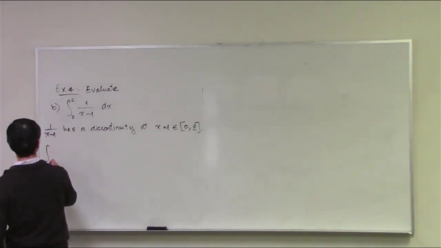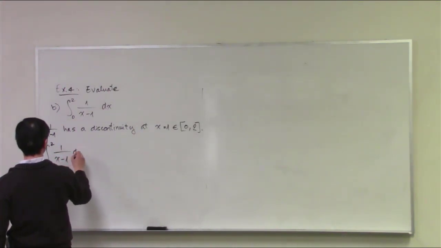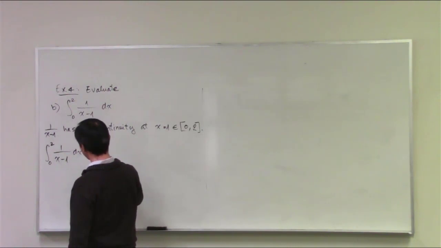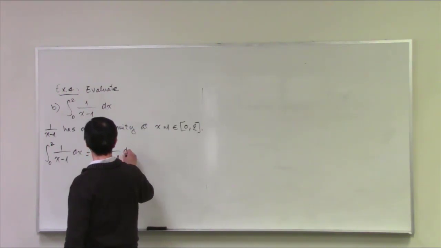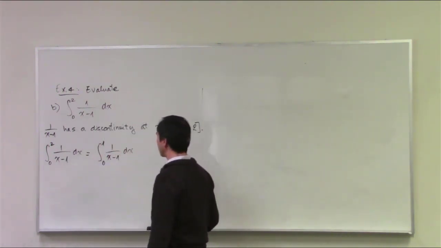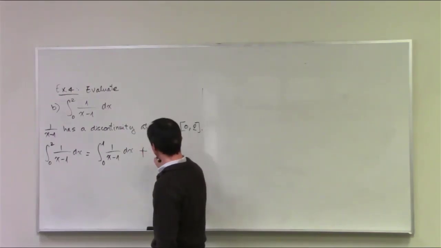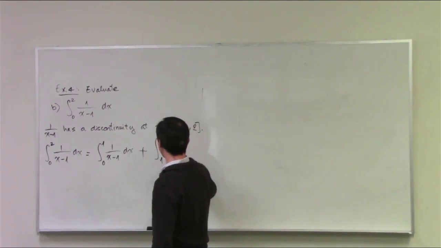So this interval from 0 to 2 has to be defined as two separate integrals. One is from 0 to 1 of 1 over x minus 1, plus the other from 1 to 2 of 1 over x minus 1.